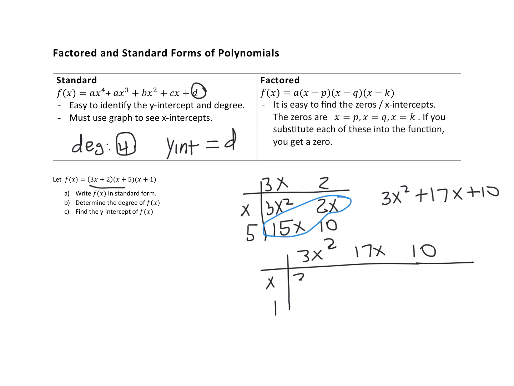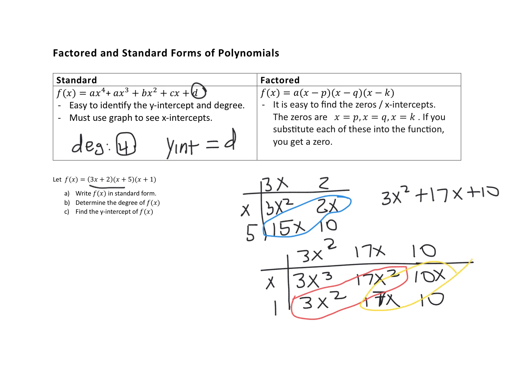So this is 3x cubed, 17x squared, 10x, and this is 3x squared, 17x, and this is 10. And now I just need to combine the like terms. Those are like terms, these are like terms.